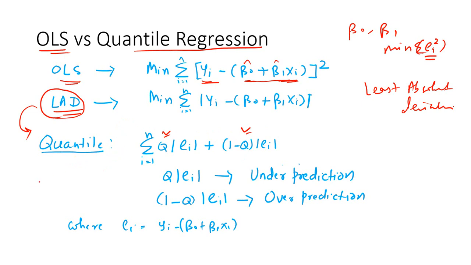If you want to predict the 0.5 quantile, that is nothing but the median, so you want regression at the median. Similarly, it could be 0.25, 0.75, and so on.